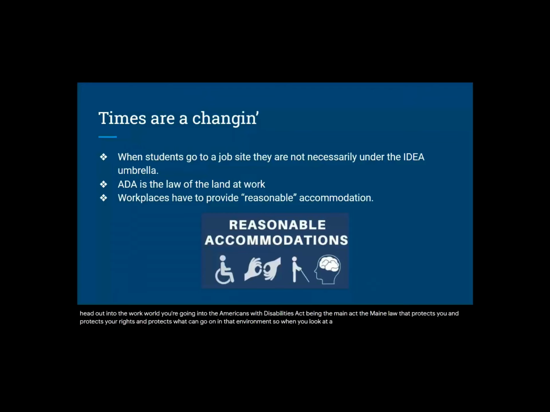So when you look at ADA, one of the key points of that law is that workplaces have to provide reasonable accommodation. Now, if I had to define reasonable, I think that's going to be a pretty tricky thing. I know the lawyers, when talking about assistive technology, always like to say it depends. And depending on the job and the site that you're in, reasonable could change as well.